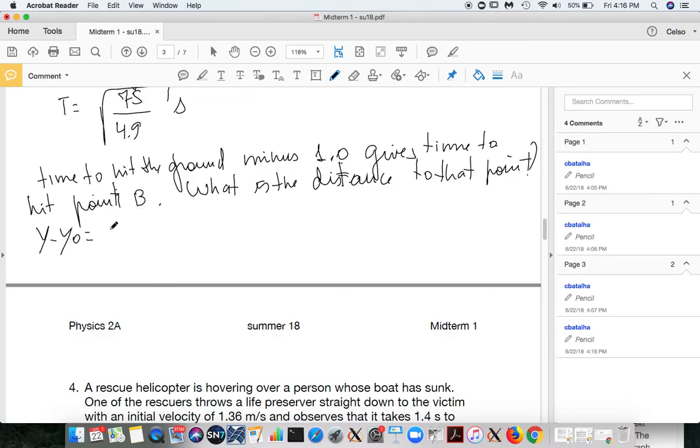V naught is 0, right? Minus half 9.8 t squared. This time over here, t squared, which is 75 divided by 4.9. And then I can find my height.